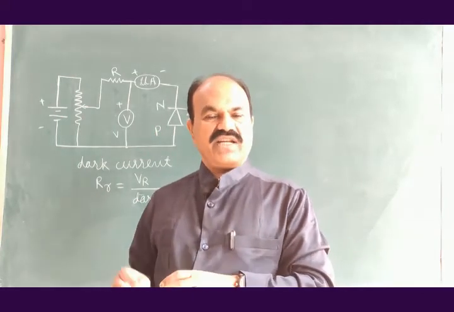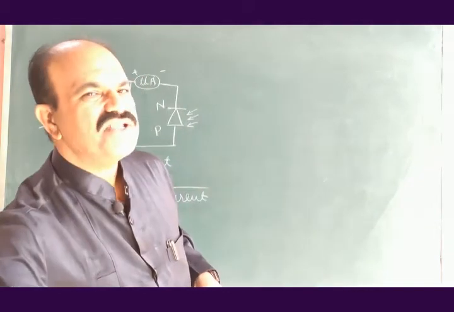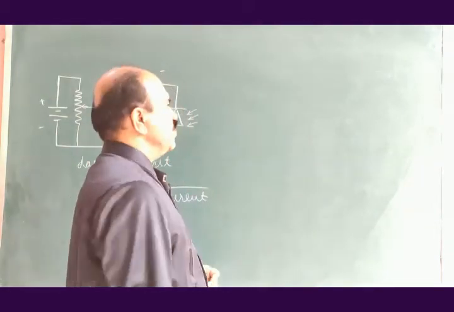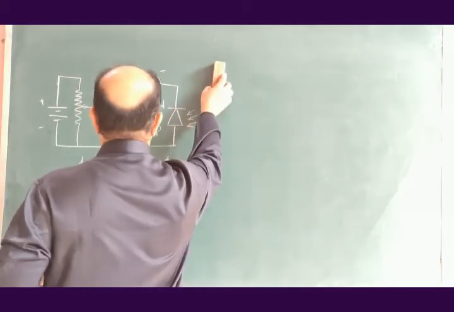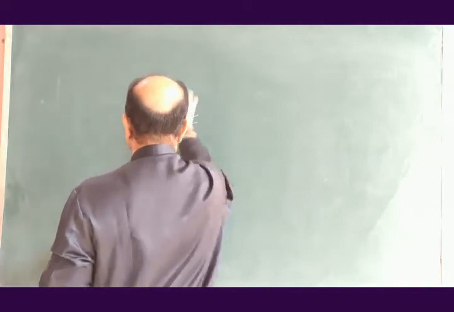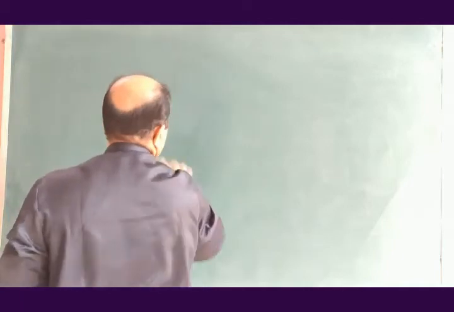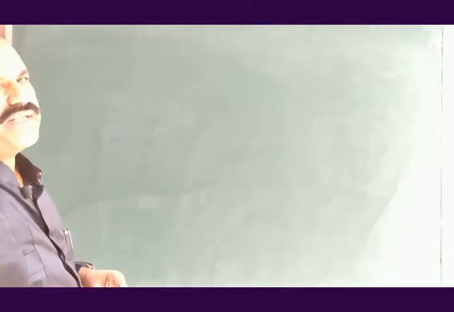After having known the circuit diagram and working of the photodiode, let us study the characteristics of photodiode. And what are these characteristics? There are two different types of characteristics of photodiode. First characteristics of photodiode is known as the current illumination curve.